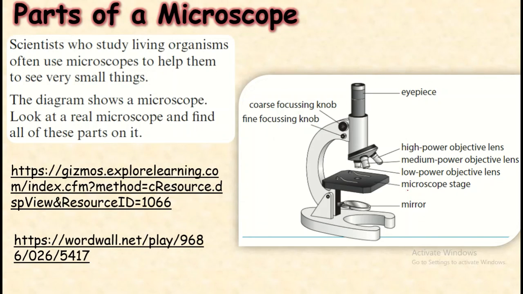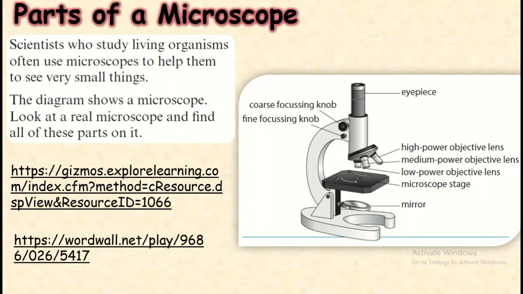Now in the microscope you have an eyepiece where you position your eye. It has knobs which move this part of the microscope up and down, and you have a fine focusing knob. Now this focusing knob is used to move what?